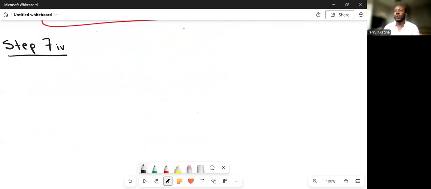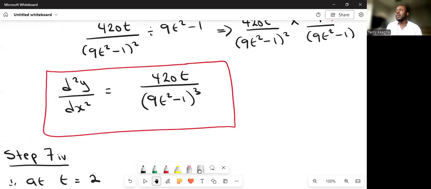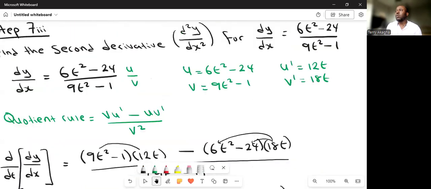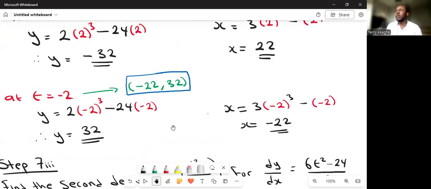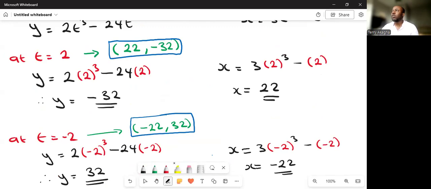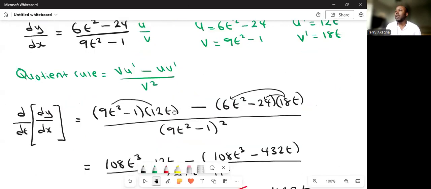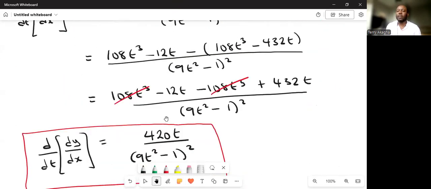The first was at t equal to 2. What was the coordinate for t equal to 2? The coordinate we had, I think I highlighted it in green, was plus 22 and minus 32. So for that, the coordinate is plus 22 and minus 32.